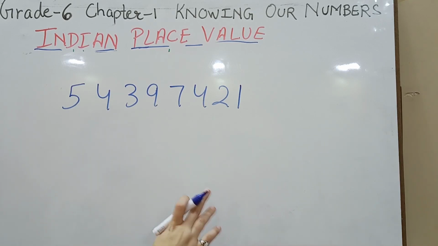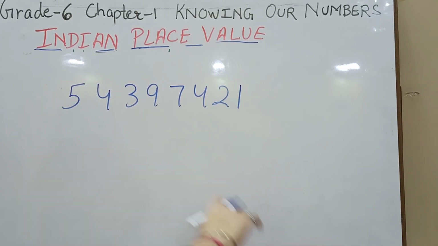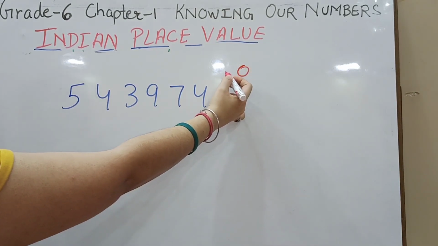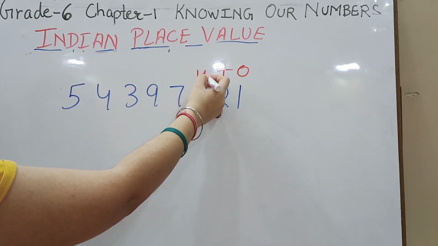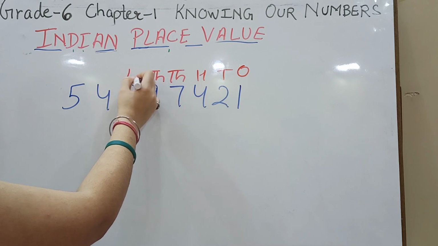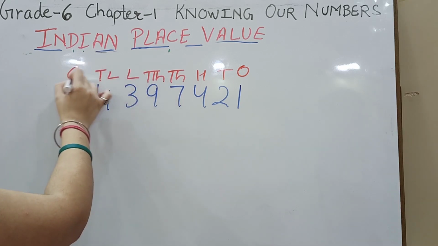Very simple. Do not panic that you have got such a long number. How are we going to do it? First and foremost step is ones, tens, 100, thousands, 10,000s, lakh, 10 lakh, crore.